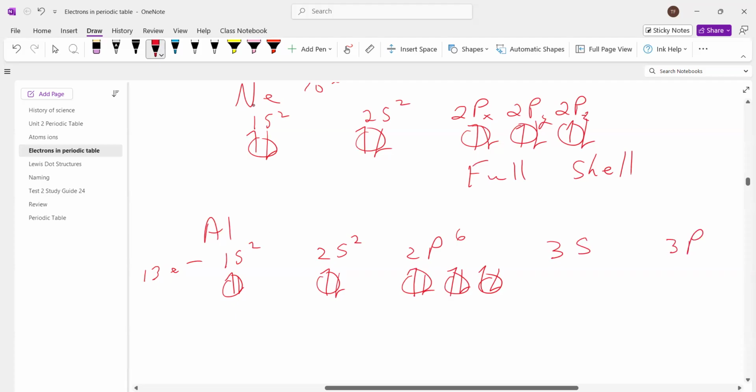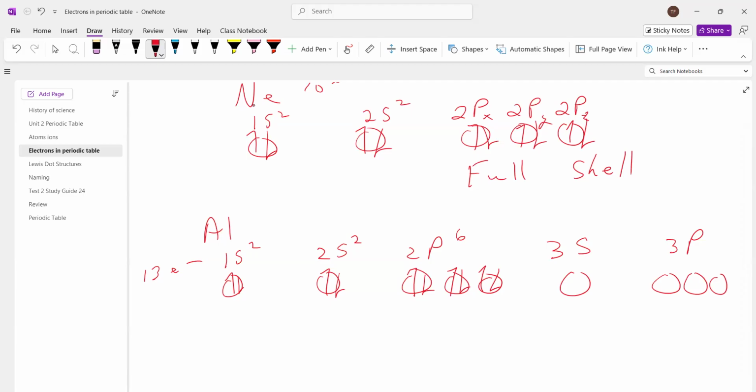Okay, so when we fill up shell 1 and shell 2, we've accounted for 10 electrons. That means we have 3 left over. Did everyone see where I got the 3 left over? Shell 1 takes 2. Shell 2 takes, how many does shell 2 take? 8. So that's 10, and there's 13 total.